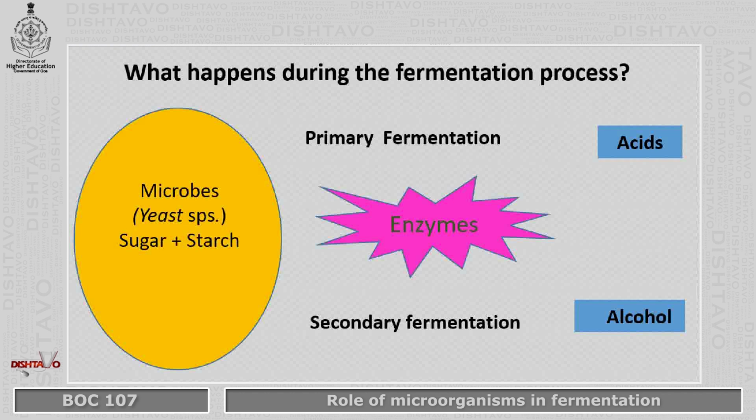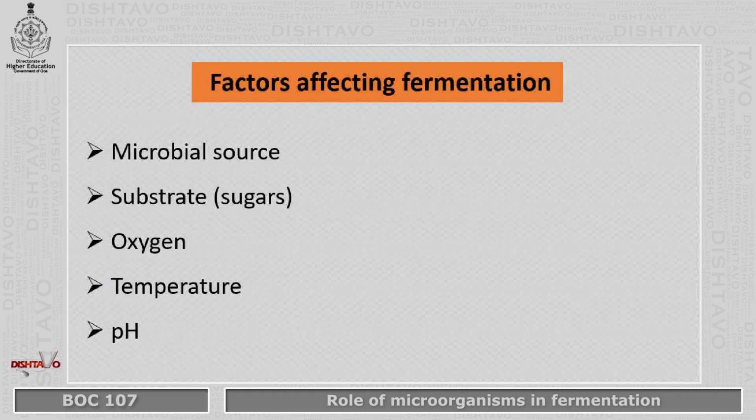Here, microbes or yeast species act on either direct sugar or starch, giving a primary fermentation product such as acid, or a secondary fermentation product, alcohol. This again is influenced by the enzymes. Secondary fermentation is a long-term fermentation process which requires more time, and given more time, alcohol will be produced. The less time given for fermentation, the more acids will be produced.